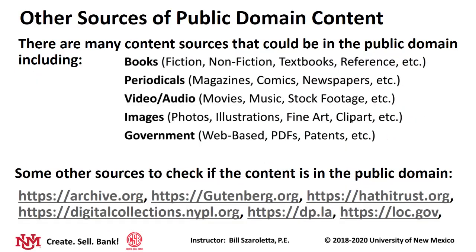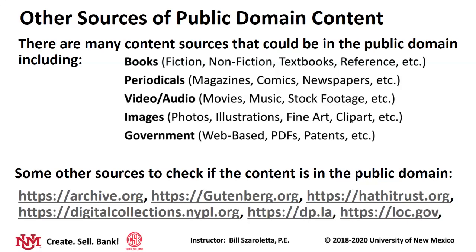So where can you get public domain content other than the uspto.gov? Well, books, there's periodicals, video and audio, of course, the images, there's a lot of government information that's in the public domain. So here's some links.